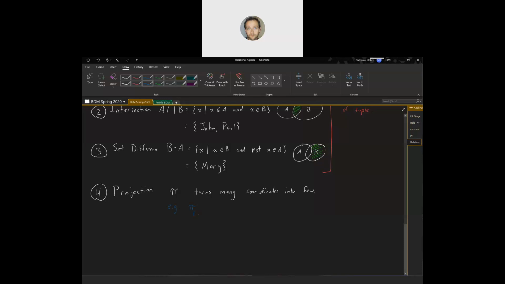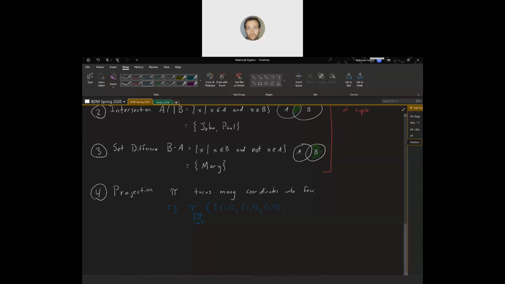Pi, keep first coordinate, and let's say it works on this set. First element is 1, 2. The next is 2, 3. The next is 1, 5.